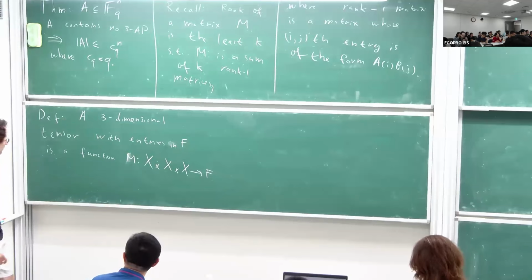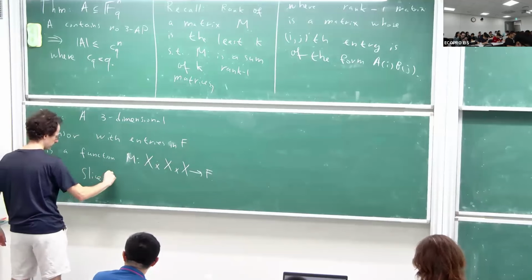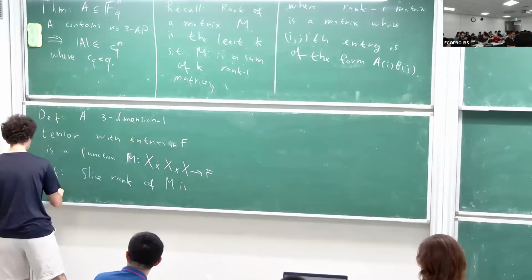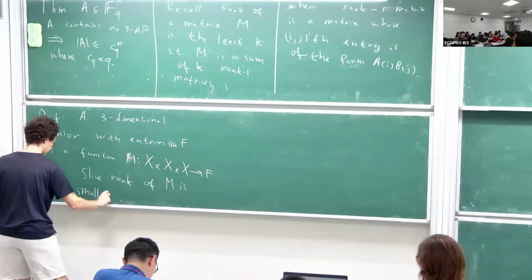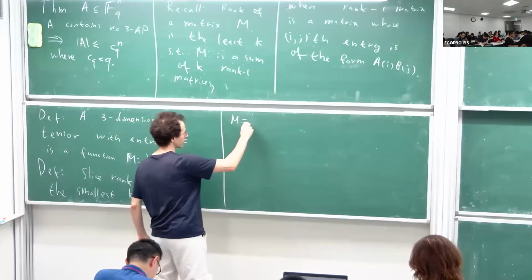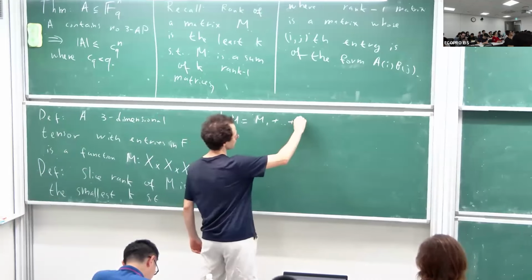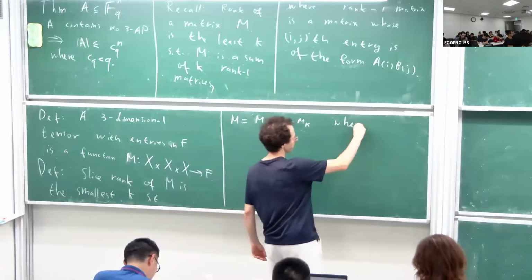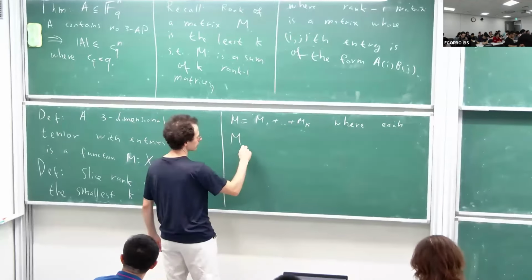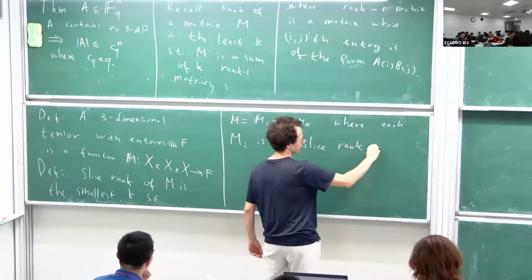And the slice rank of such a thing is the smallest number k such that M can be written as a sum of tensors M_i, each of slice rank 1. And what is slice rank 1?